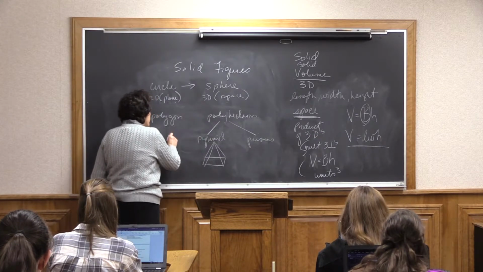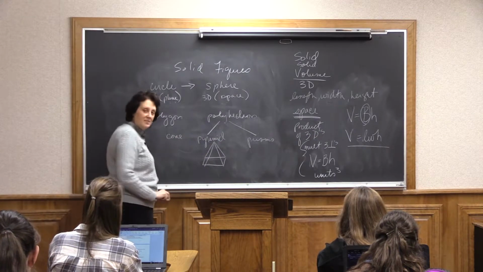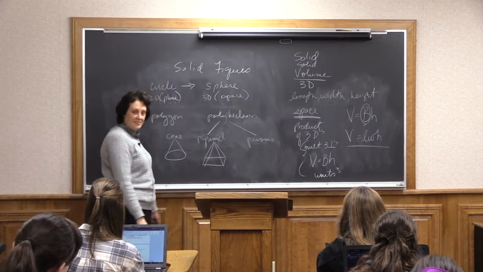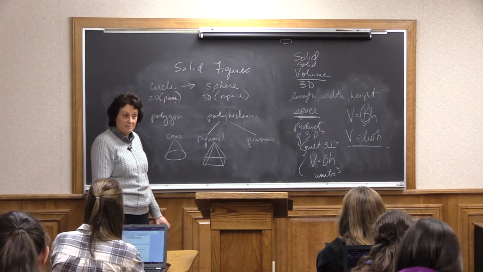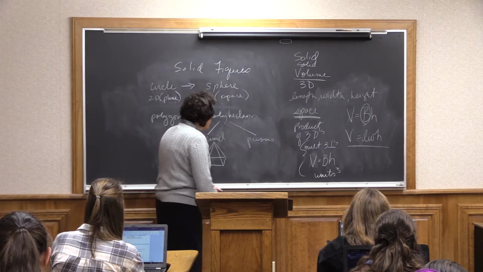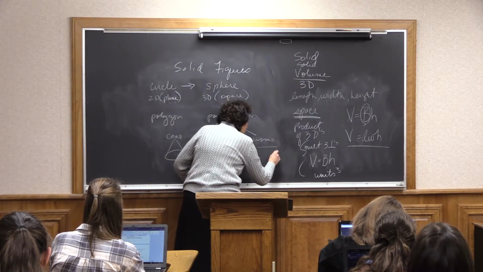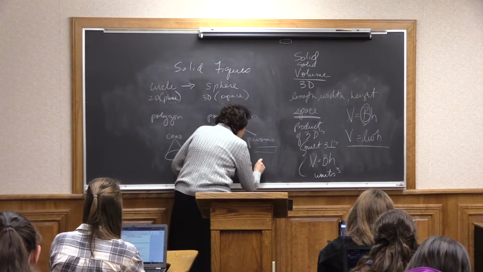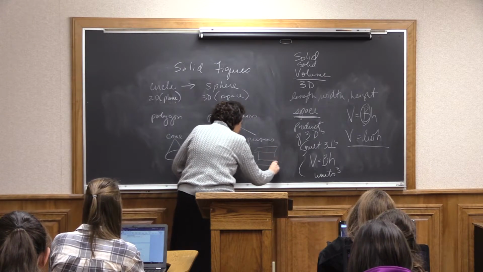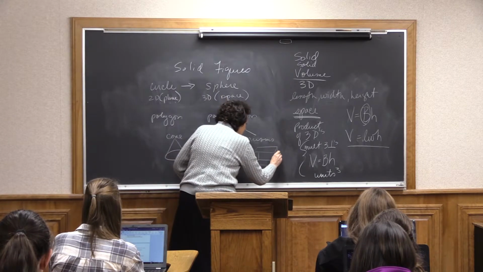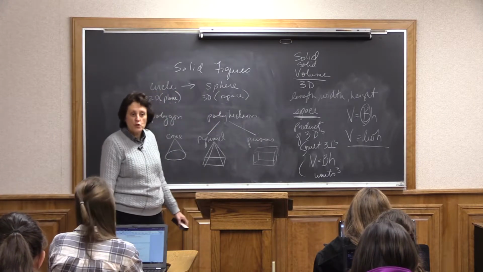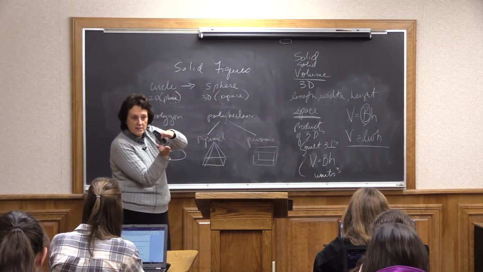Pyramids are also a special type of cone. This would be a circular cone, right? Because its base is a circle. Then we have prisms. Prisms have two parallel and congruent bases. This rectangular solid has two rectangles as the base, the lid and the bottom.